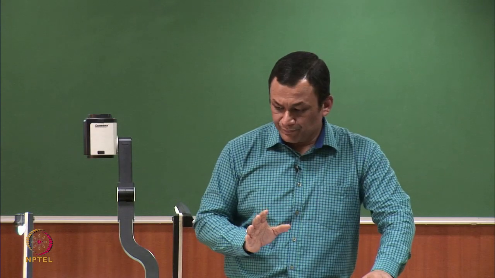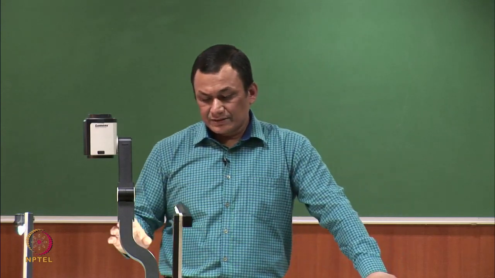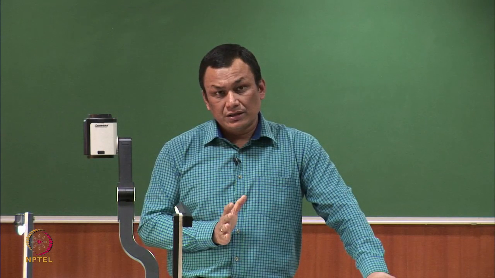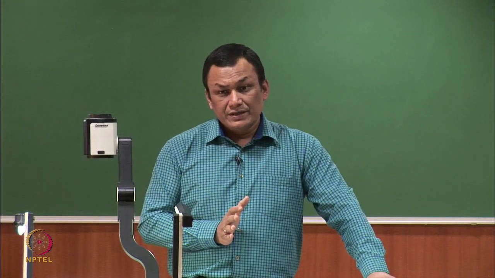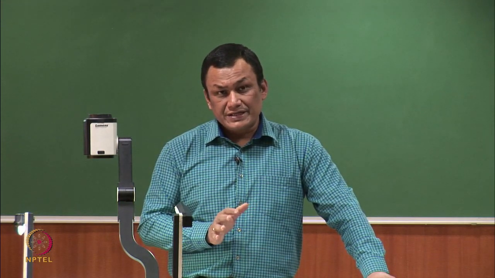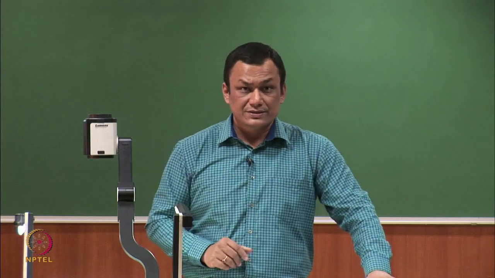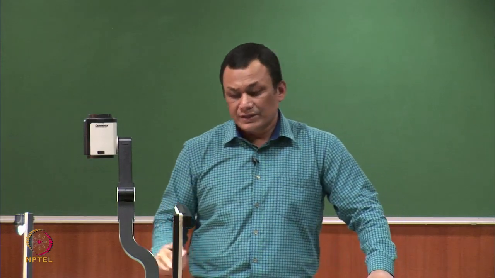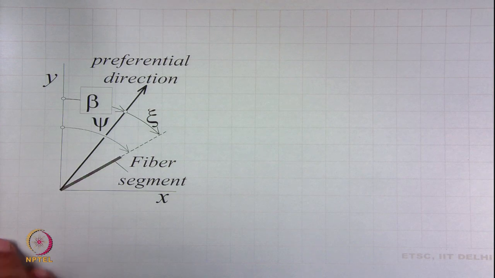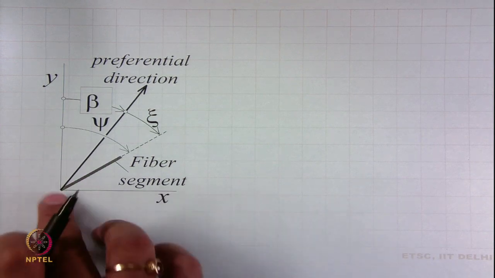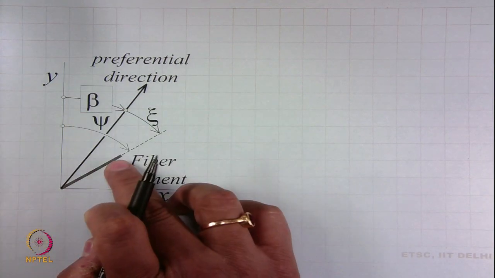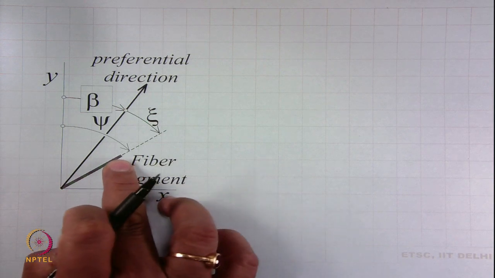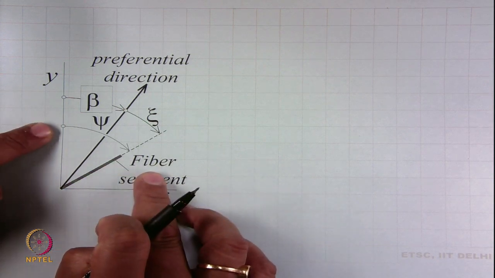Beta can be very small. However, the preferential direction is not the y axis, it stays at an angle from the y axis. Suppose in this picture, this is the x axis, this is the y axis, this is the fiber segment. The fiber segment makes an angle psi from the y axis.